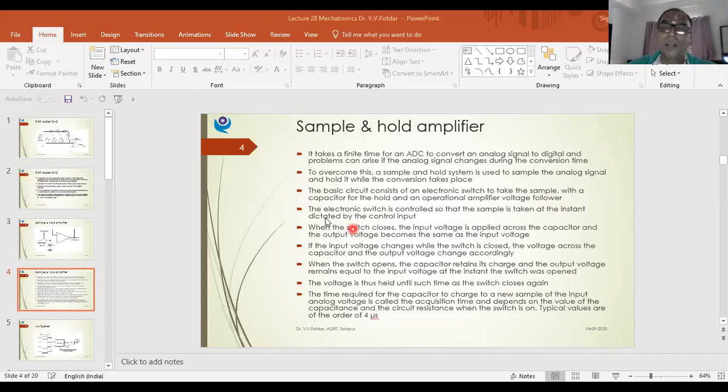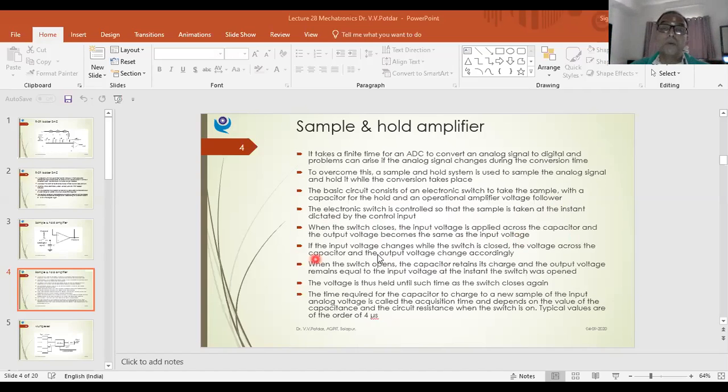Now, the electronic switch is controlled so that the sample is taken at the instant dictated by the control input that I can preset. When the switch closes, the input voltage is applied across the capacitor and the output voltage becomes the same as the input voltage when the switch is put on.